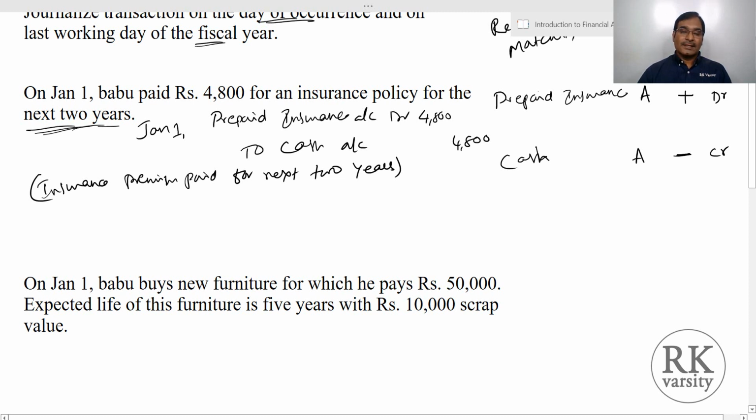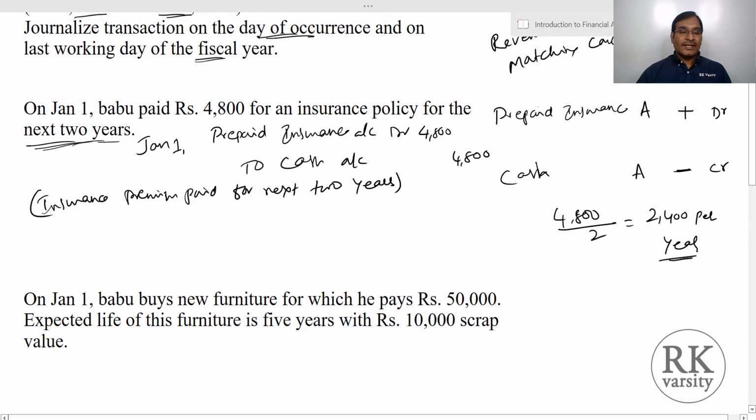Now next, as we are saying, accrual accounting needs to match the expenditure related to a particular year's revenue only. That means of the 4,800 paid, this is for 2 years, so for the current year how much will it be? You have 4,800, this is for 2 years, so divided by 2, 2,400 is per year.